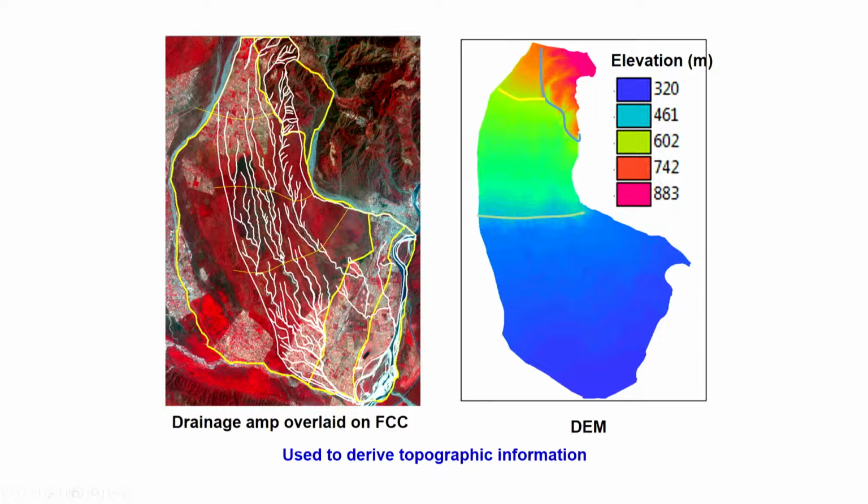If drainage density is less, the slope is less. And here I have taken a digital elevation model also, where the blue color shows less elevation and red color shows the highest elevation. So here is the high slope, here is the gentle slope. So topography can be interpreted from the digital elevation model also, and from the drainage map.